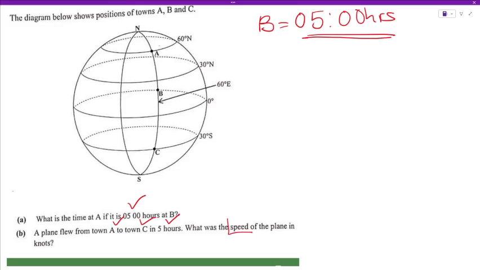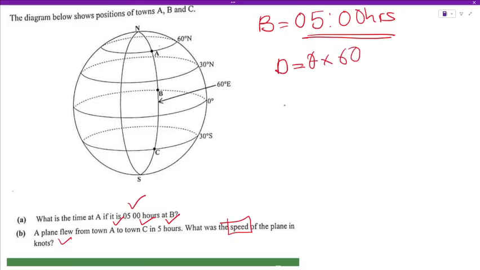What is the speed of the plane in knots? You notice here that they've only given us time, not distance. Why haven't they given us distance? They expect you to be able to find the distance on your own using the diagram you've been given. So the distance formula in paper 1 is this one, theta times 60.